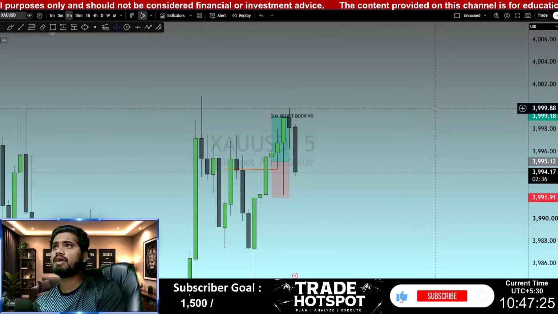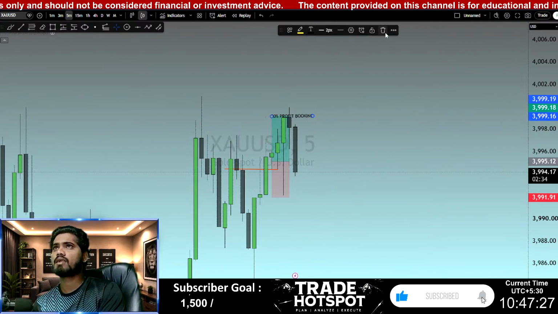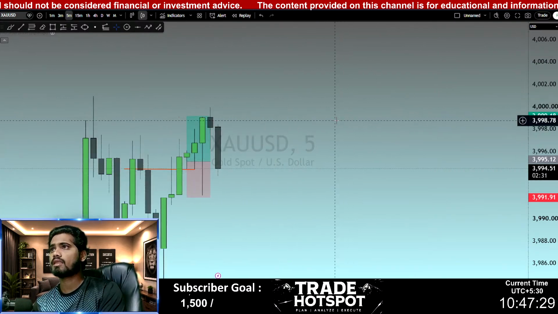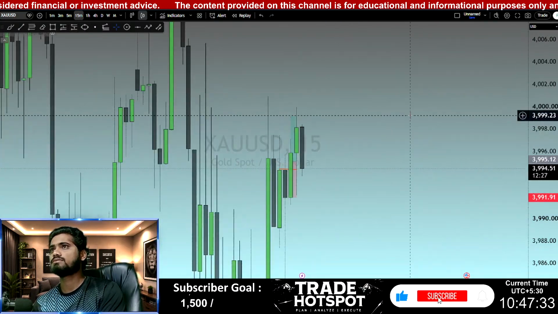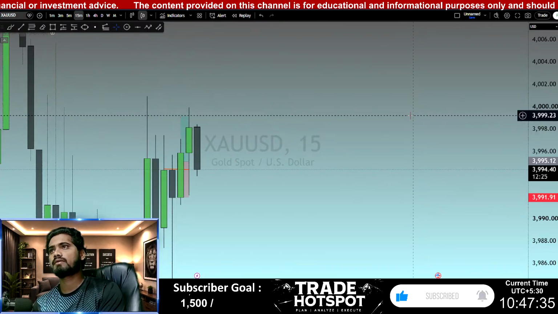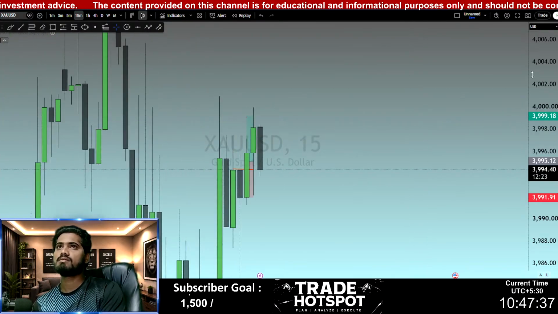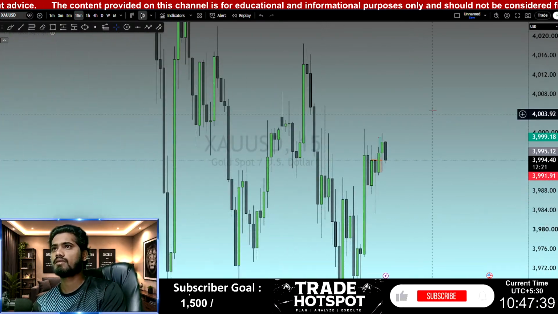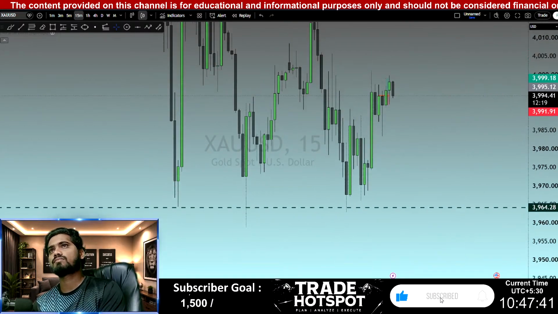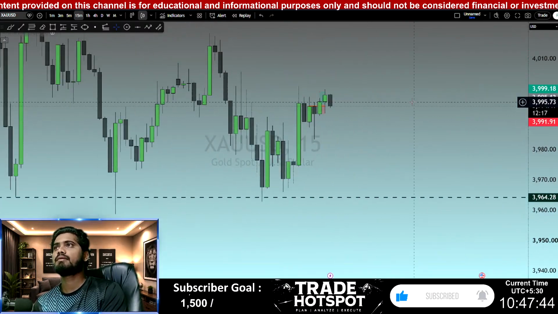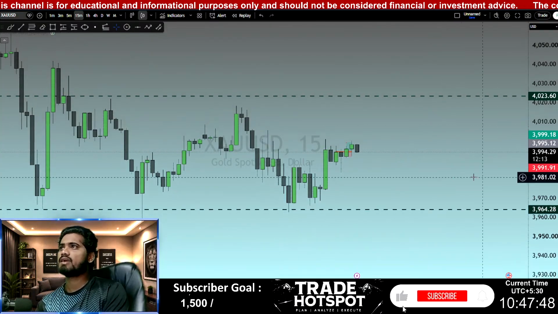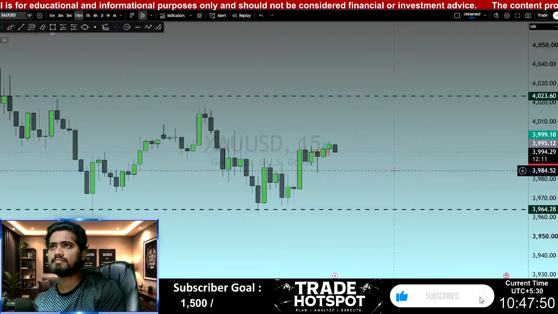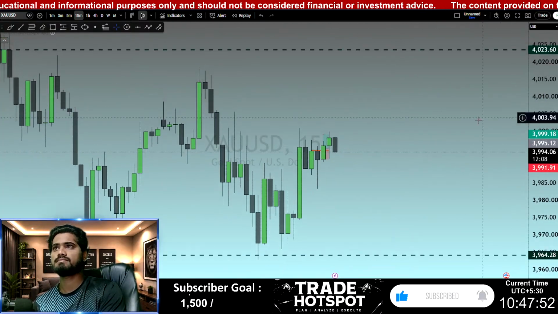By looking at the 5-minute chart, I'm looking at gold for selling at this area, right guys?